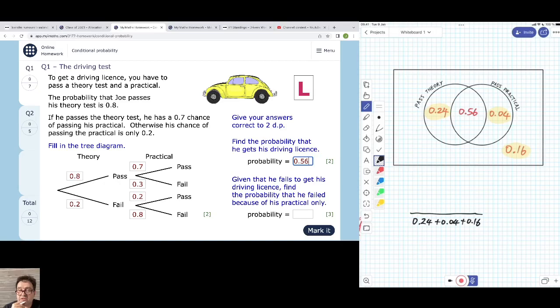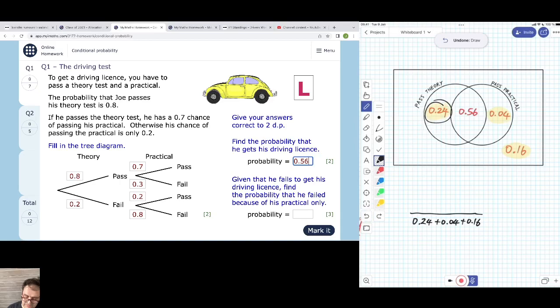So it says find the probability that he failed because of his practical only. So that means he failed his practical but passed his theory. So what's the chance, in other words, that he's in the bit where he passed the theory but failed the practical, given that we know he's somewhere in those three bits?